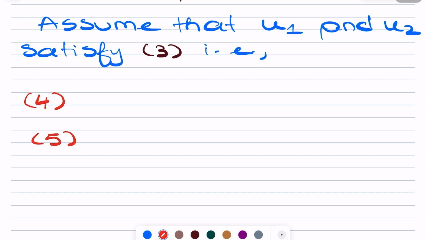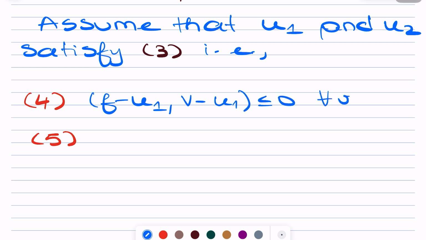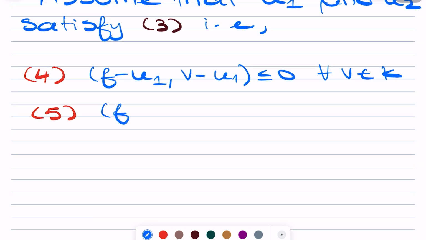So this means the scalar product of f minus u1, and then we still use v minus u1, is less or equal than 0 for every v in K, and also the scalar product of f minus u2, v minus u2, is less or equal than 0 for every v in K, right?